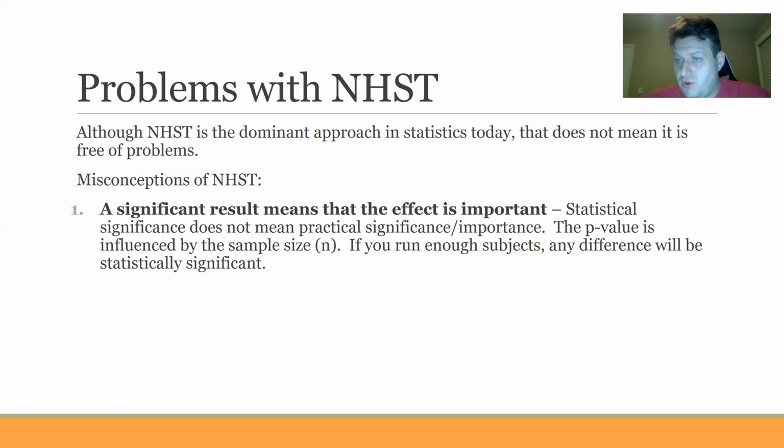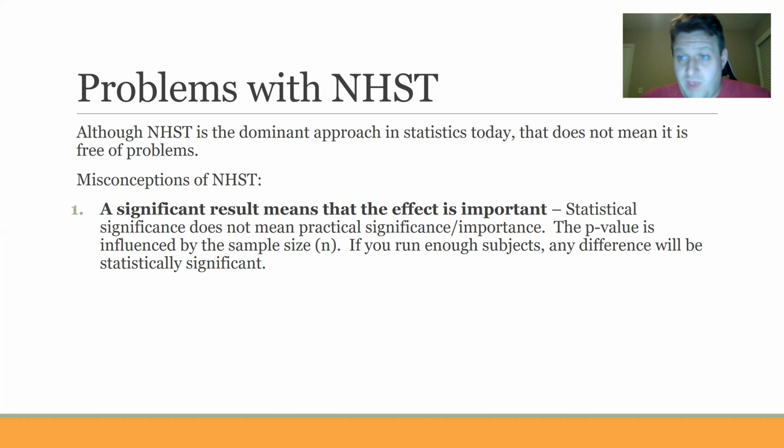Suppose we were to conduct a study and we're trying to see if there's any differences in aging on memory. And we do this study and we find out that yes, there's a difference in memory. If you're trying to recall information, there's a difference between older adults and young adults of 1 out of 100 items. So let's say that the young adults recall 60 items and the older adults, the population mean is 59.